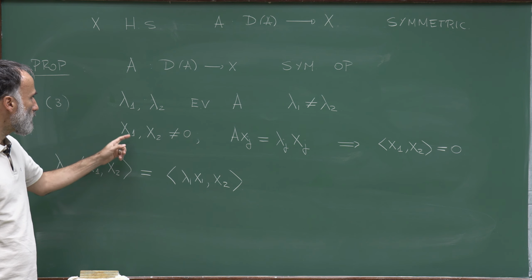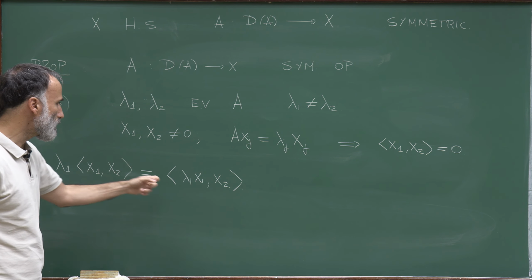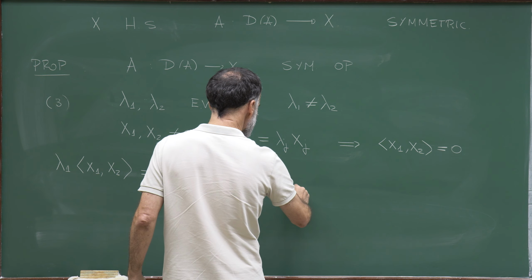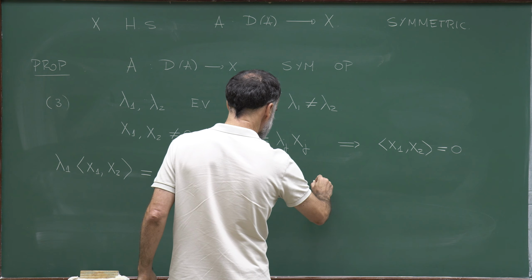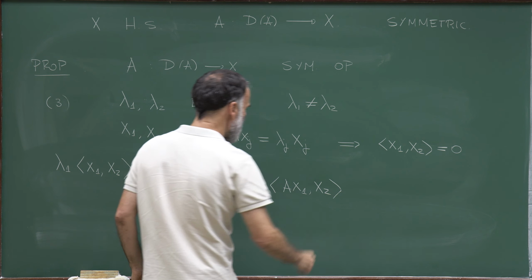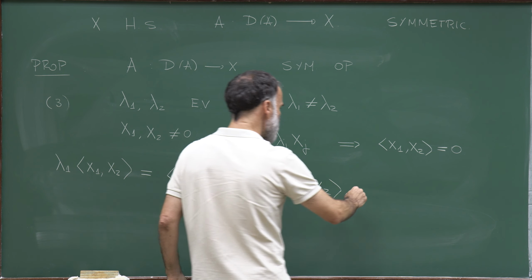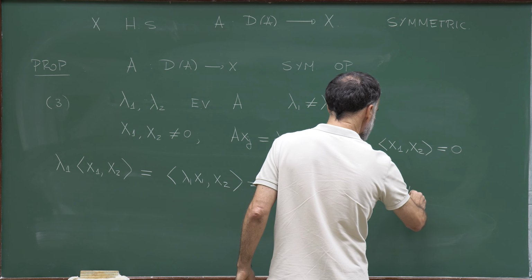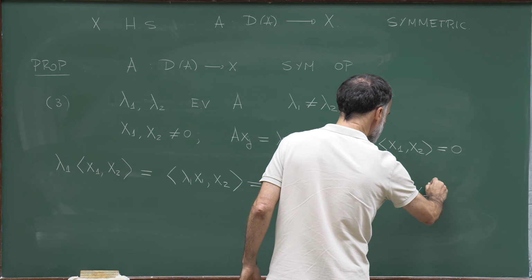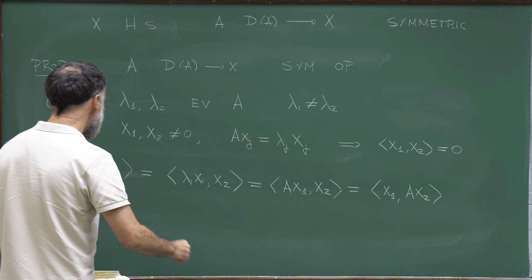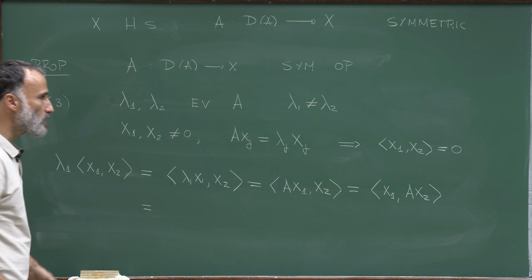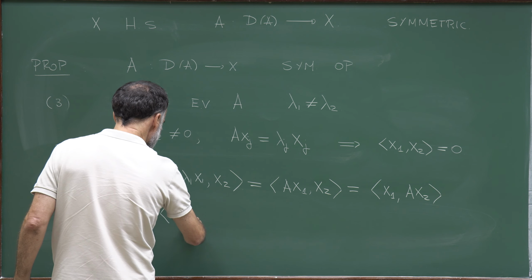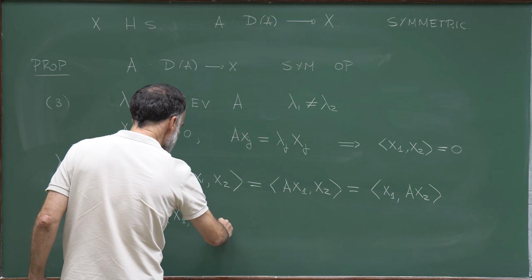Since lambda 1 is the eigenvalue associated to x1, by this property, this is equal to the scalar product of A x1 with x2. Now, since A is symmetric, this is equal to the scalar product of x1 with A x2. Now, since x2 is an eigenfunction associated to eigenvalue lambda 2, this is the scalar product of x1 with lambda 2 x2.